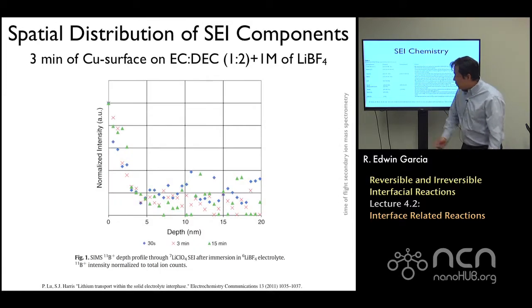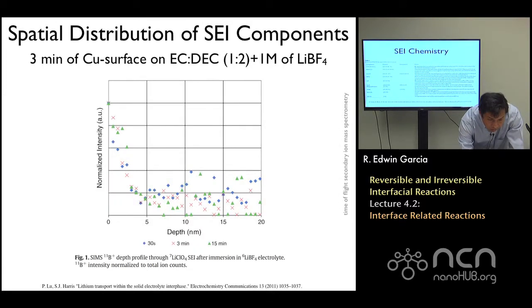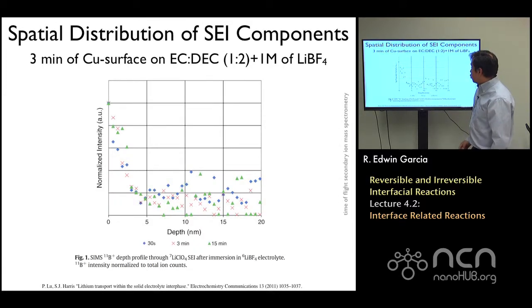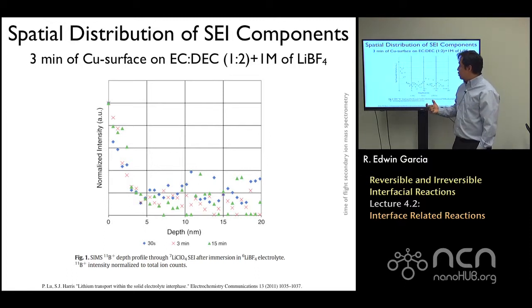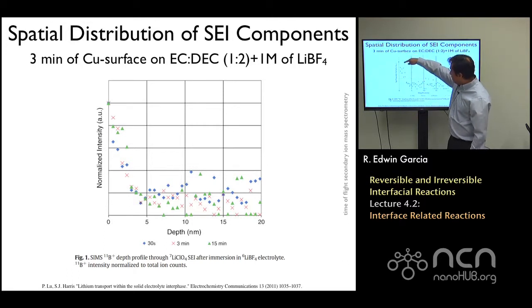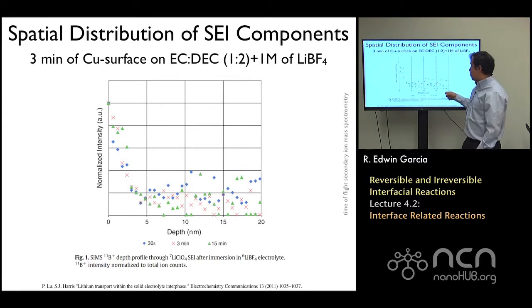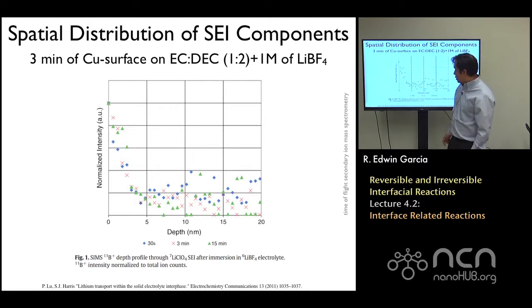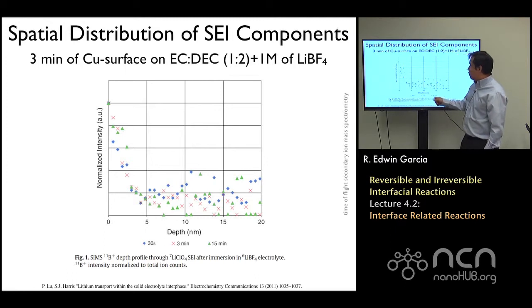Now, very recently, there were some experimental measurements of what actually occurs at this interface. What you have here is the depth profile of the intensity of a certain chemical as a function of thickness of the SEI layer, for different components, in this case a B+, occurring in the system after 30 minutes, 3 minutes, and 15 minutes.